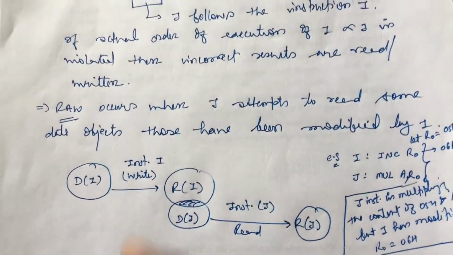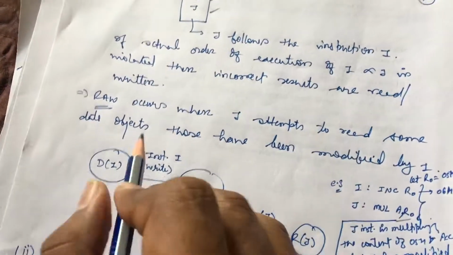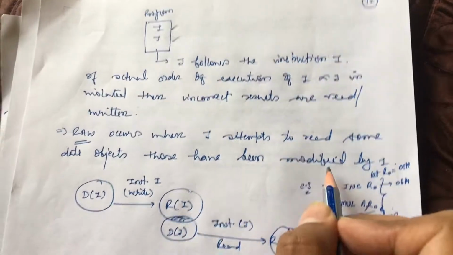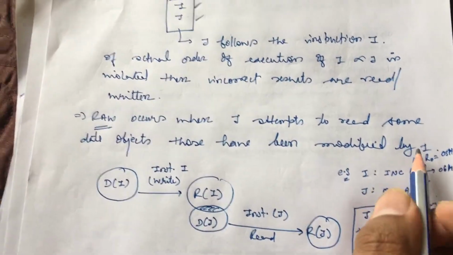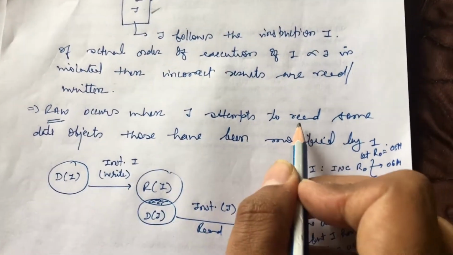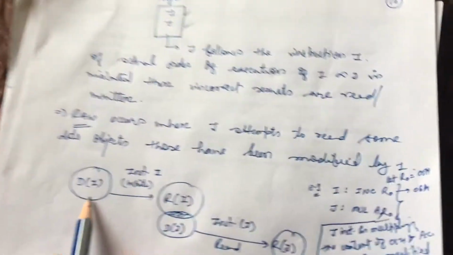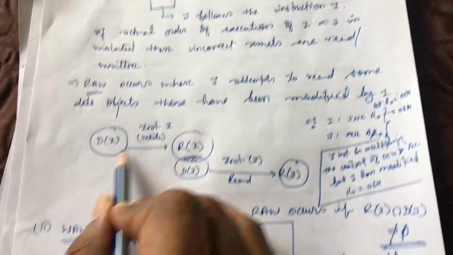In case of RAW, read after write occurs when J attempts to read some data object that has been modified by I. That means J is reading data that has already been modified by I. For example, the data input set of instruction I was changed to Ri.